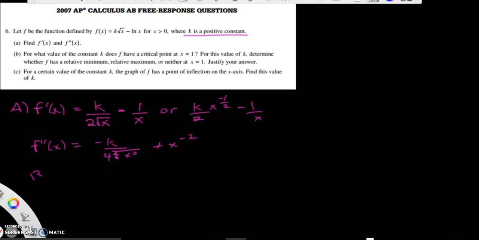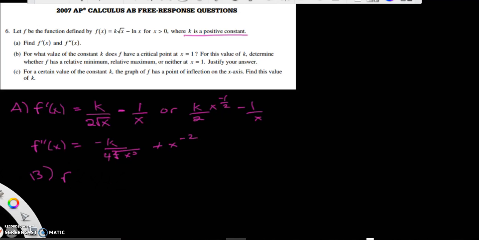Okay, part B. For what values of k does f have a critical point at x equals 1? For this value of k, determine whether f is a relative min, relative max, or neither at x equals 1. So if you want to find relative min or max, it's where the derivative equals 0.